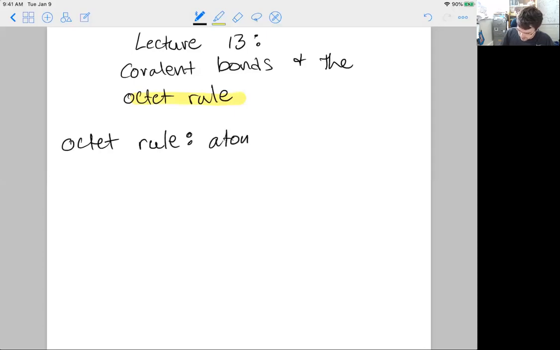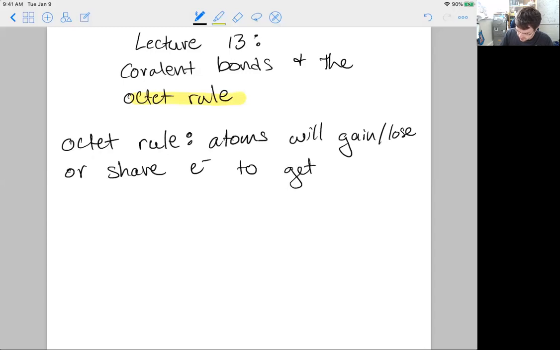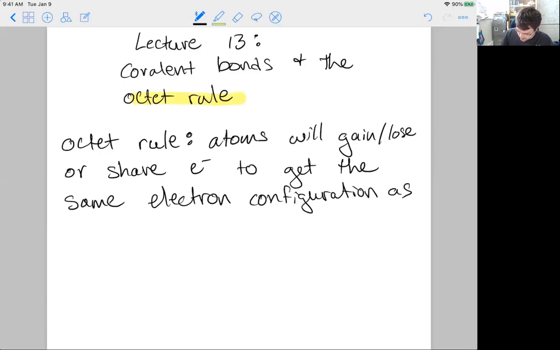So atoms will gain, lose, or share electrons to get the same electron configuration as a noble element.